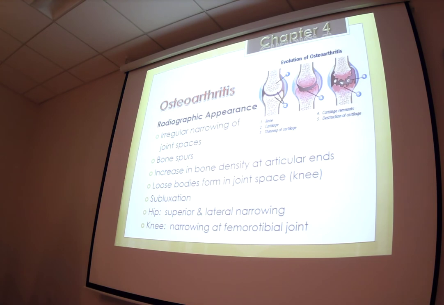In the hips, you're going to see some narrowing superiorly and laterally. And the narrowing will be at the points of the greatest weight-bearing stress. In the knees, you're going to see it in the femorotibial joint.